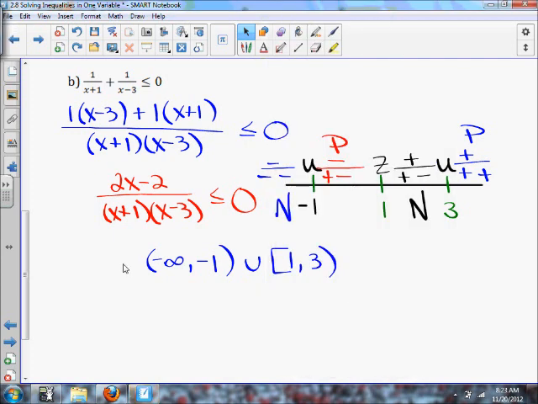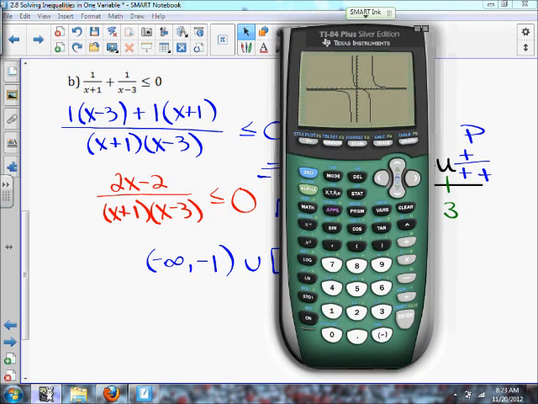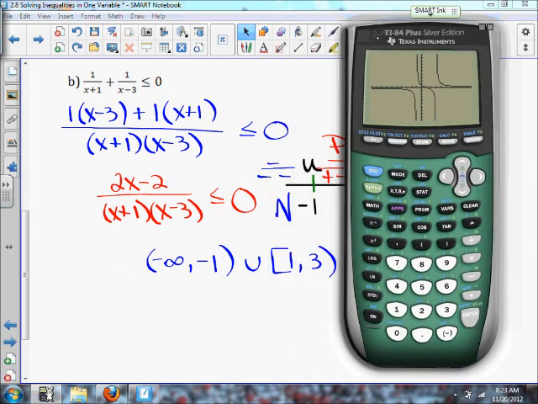Correct? So that's what we have there. The next part will be from 1 to 3. From 1 until 3, it'll be also less than 0, or less than or equal to 0. Okay? Are there any quick questions on example 6b?